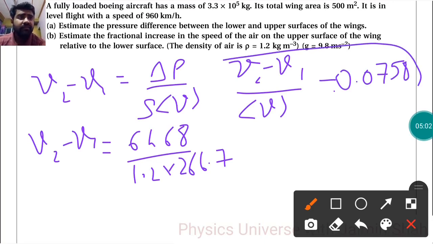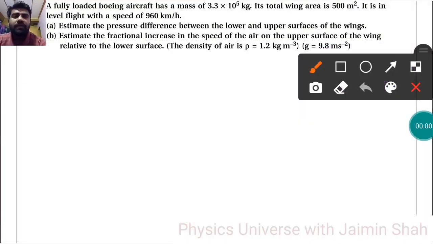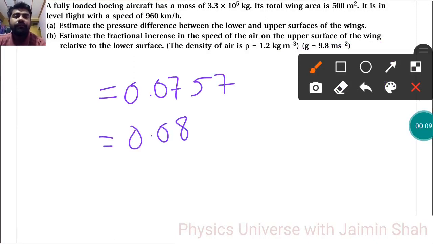This is our fractional increase in the speed of air on the upper surface of the wing relative to the lower surface. So our answer is 0.0757, approximately 0.08. If asked in percentage, simply multiply by 100, so 0.08 × 100 is 8%.